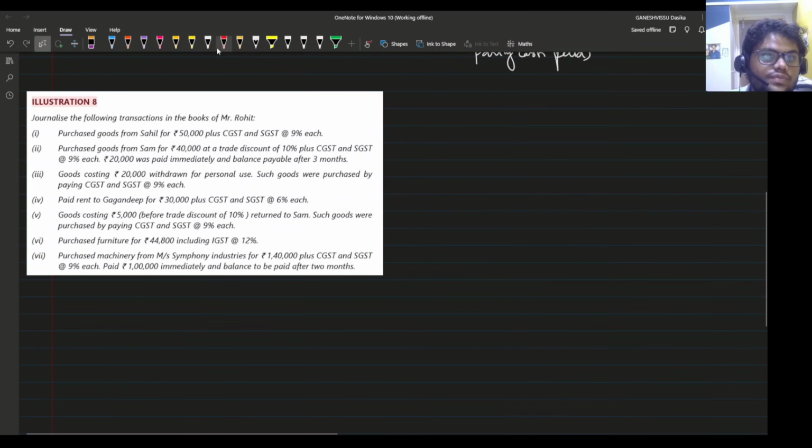Yeah, I think it is visible. Okay, we are done with the first transaction and second transaction. I think you have understood both. This is a very important transaction. The sixth one is also a very important transaction.